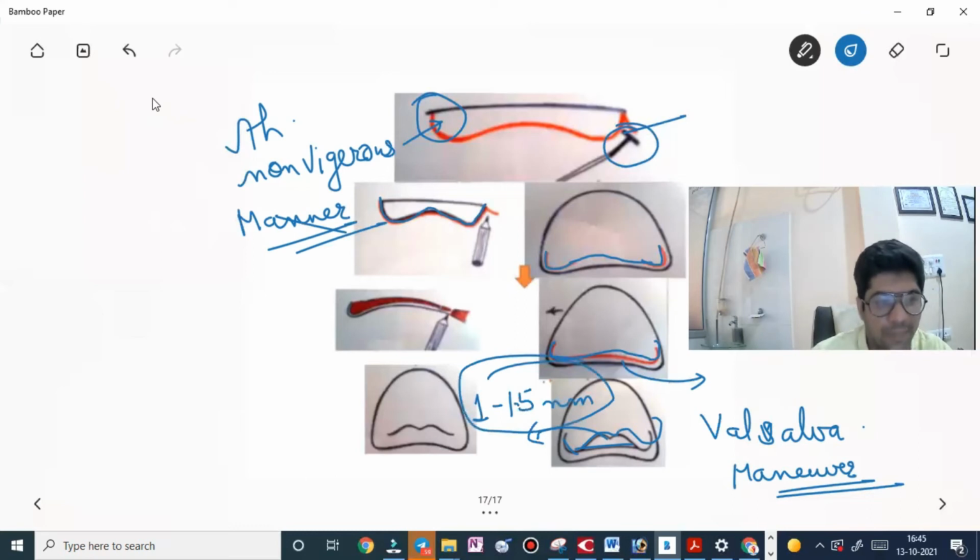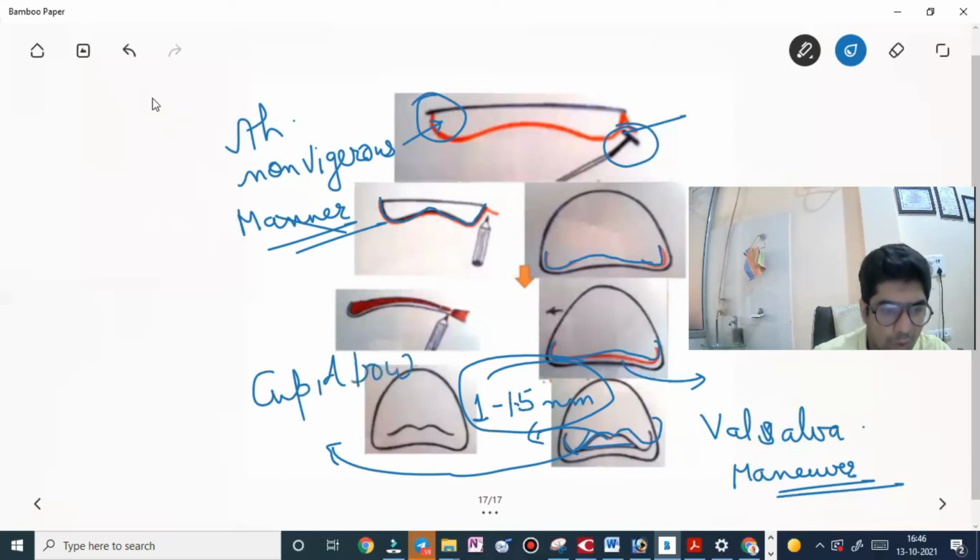In the region of the mid-palatine raphe, it should be only 0.5 to 1 mm in depth. The entire border of this posterior palatal seal will resemble the shape of a Cupid's bow. These markings of the anterior and posterior vibrating lines are transferred to the cast.